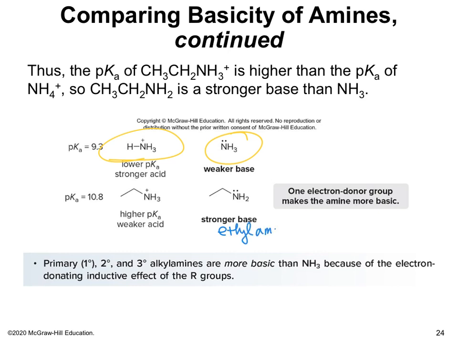So this is ethylamine. And why? Because these electron donating groups are going to push the electron density, this is actually an inductive effect, towards that lone pair and make that lone pair more negative. And here they're showing you the different pKa values.